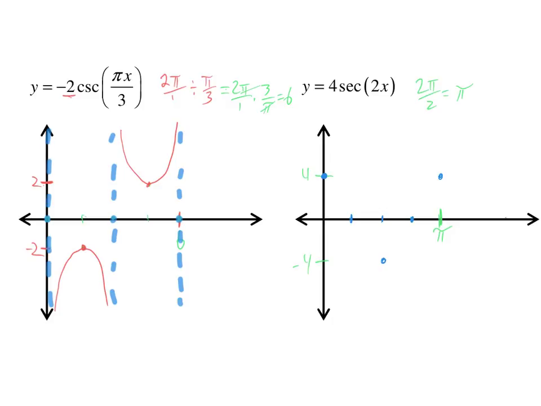Now we have to remember from before, when you have reciprocals, wherever it's 0, the reciprocal becomes undefined. So you're going to have an asymptote wherever it hits 0. So that's an asymptote. Normally cosine would go like this here.